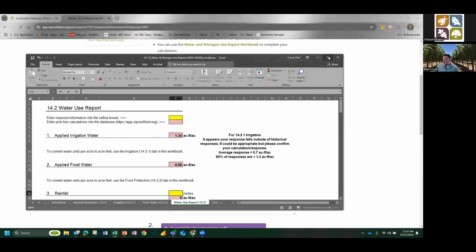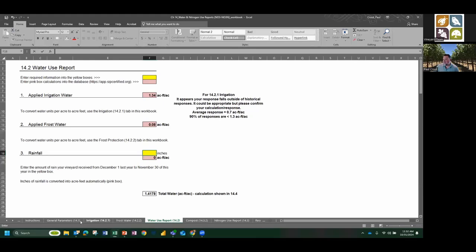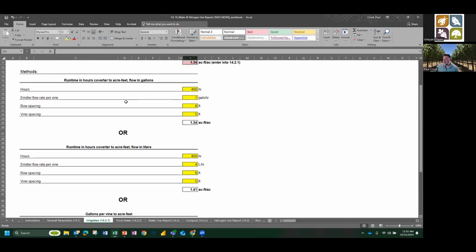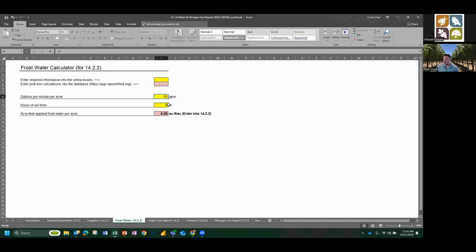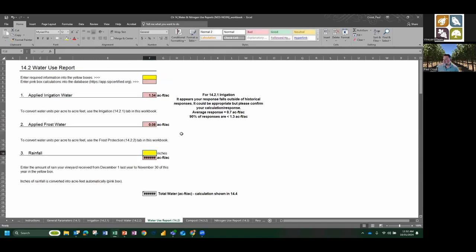If we look at our total calculator, if you've entered in your irrigation, here's your frost water, and then 14.2, this is the cumulative one. So let's just say we did 1.76. This tabulates all of our rainfall.